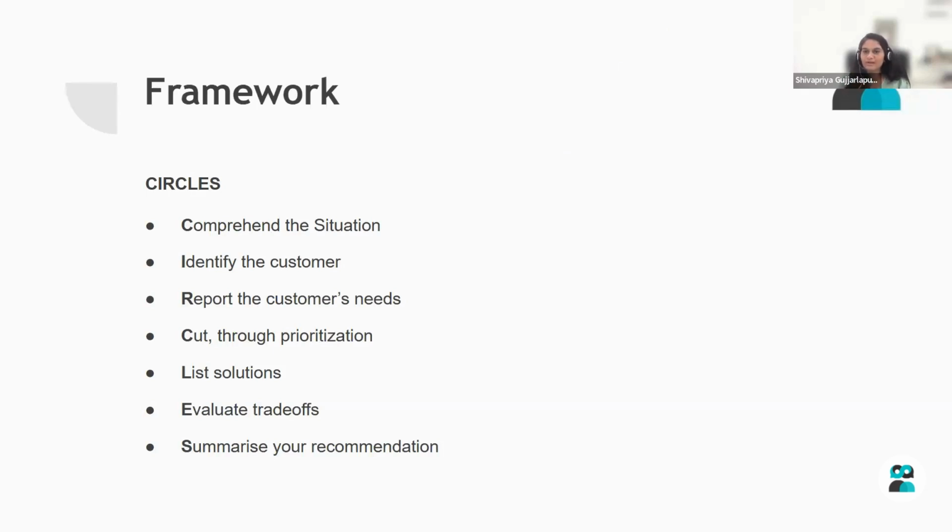The most important part of answering a question, because interviewers have to be with you when you're giving an answer. So it's always important to summarize, even once in a while in the middle. It's good to summarize what you've covered so far after reporting the customer needs or after evaluating the trade-offs, and once and for all in the end, summarize your minimum viable product after evaluating all the trade-offs among the list of solutions we came up with.